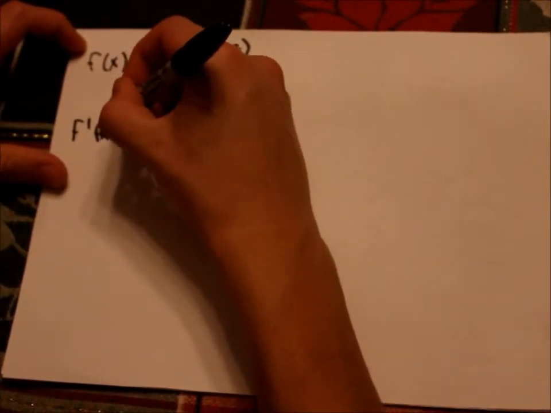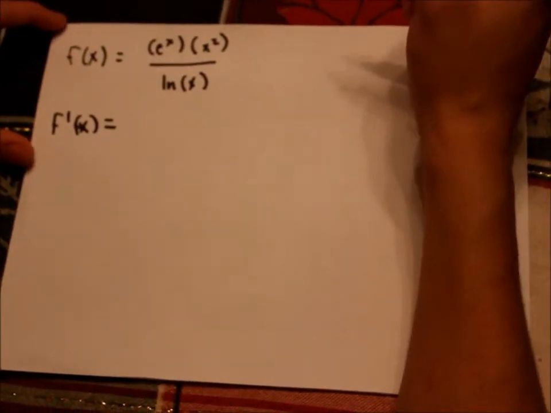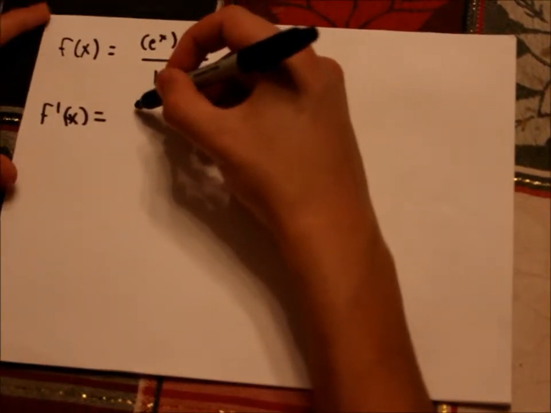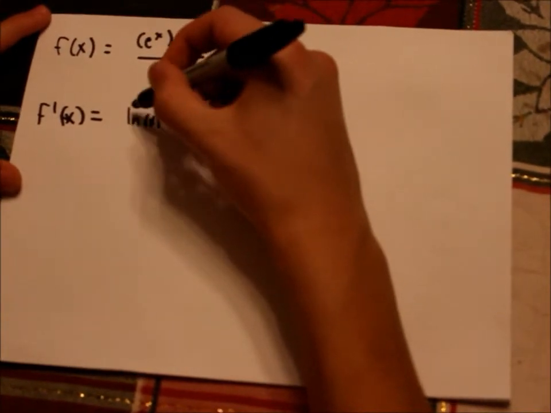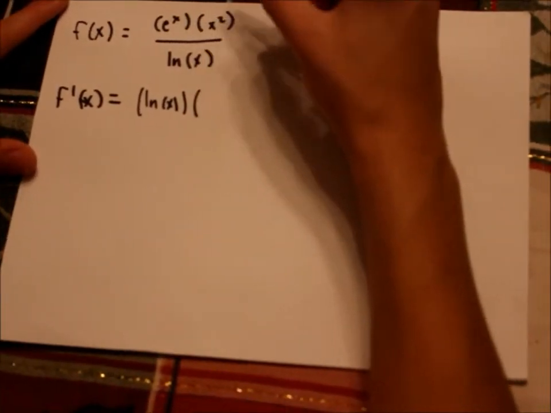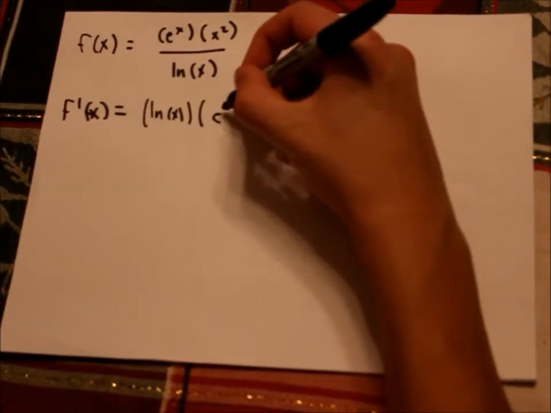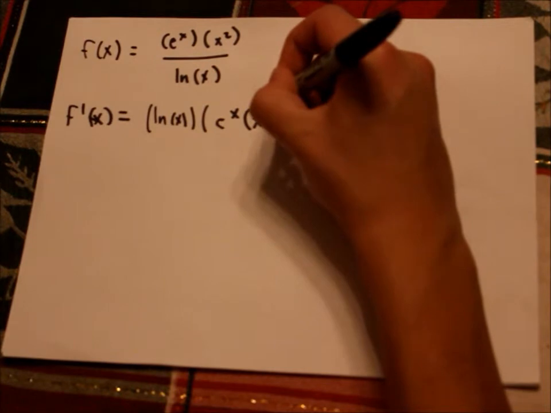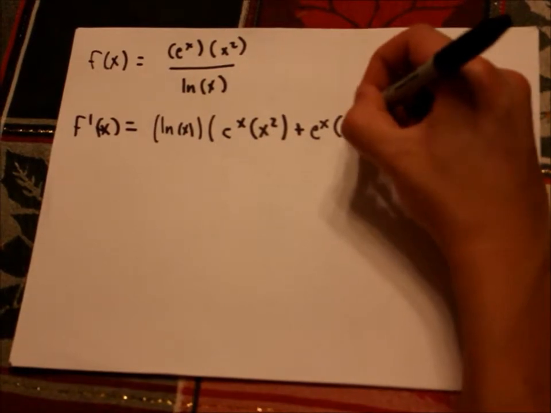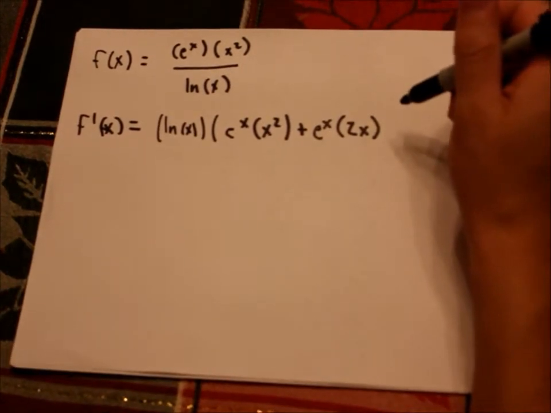Alright, so f prime of x equals, remembering from quotient rule, low d high minus high d low over low squared. So we're going to have our low, which is ln x, times the derivative of high, and here we're going to apply the product rule, which is e to the x times x squared plus e to the x times 2x, and that's the power rule because the derivative of x squared is 2x.